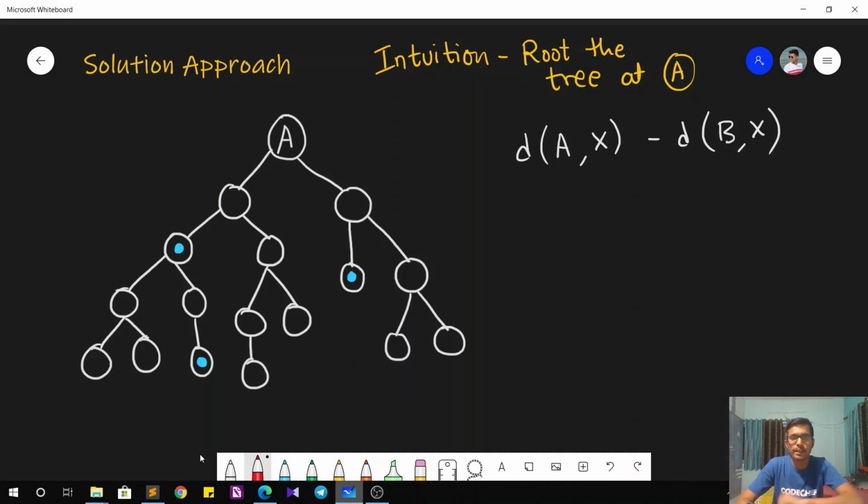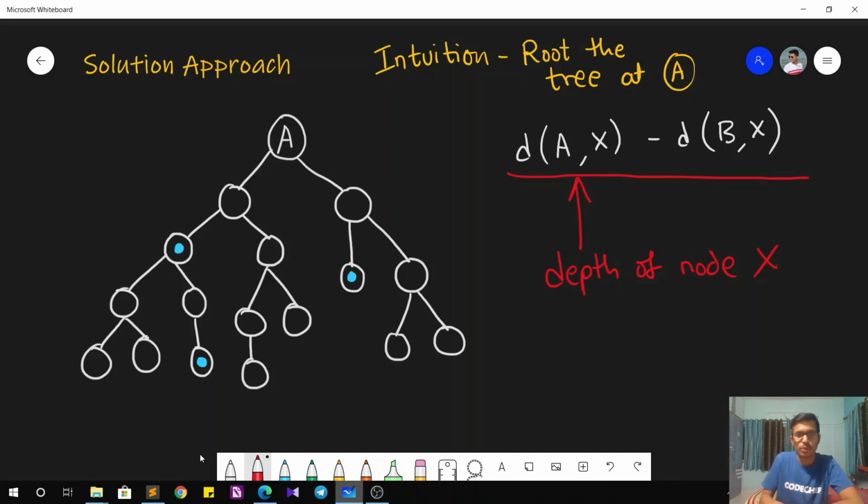This gives us a benefit because in the expression d(a, u) minus d(b, u), I have written it as d(a, x) minus d(b, x). I have just renamed u with x, but the benefit is that d(a, x) is now nothing but the depth of the node x, because A is my root.